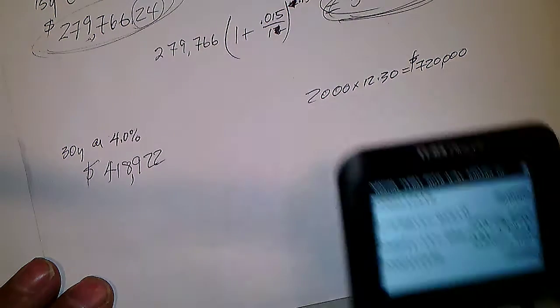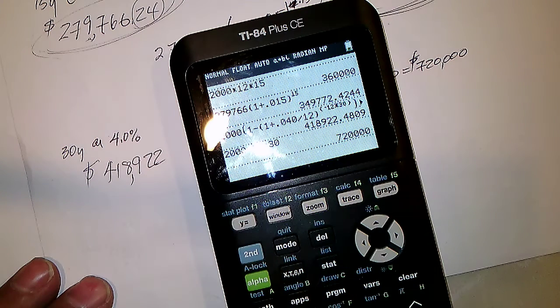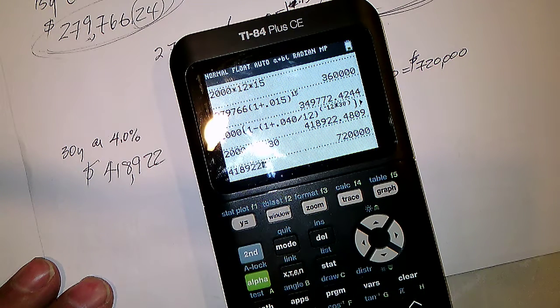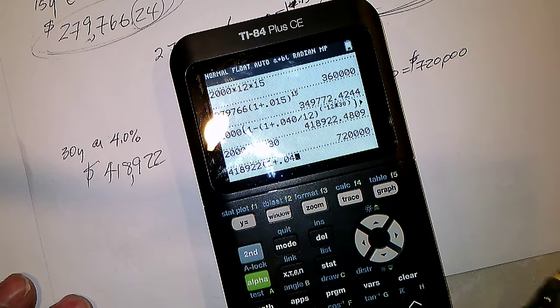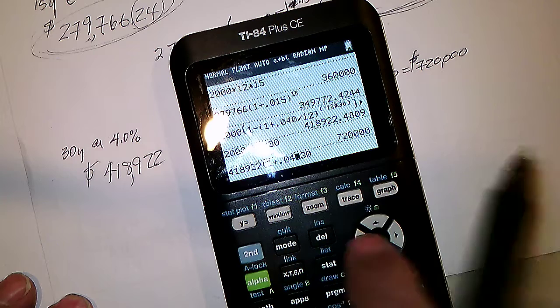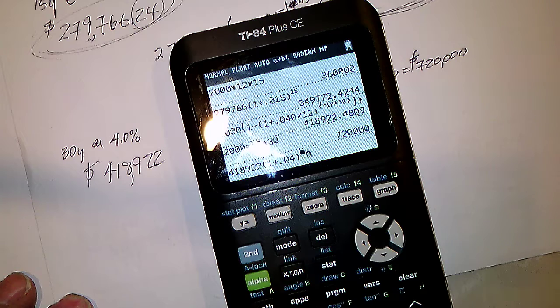But how much will the house be worth? So we have 418,922 parenthesis 1 plus 0.04 to the 30 years.